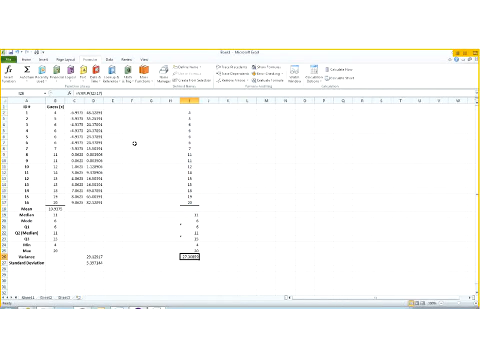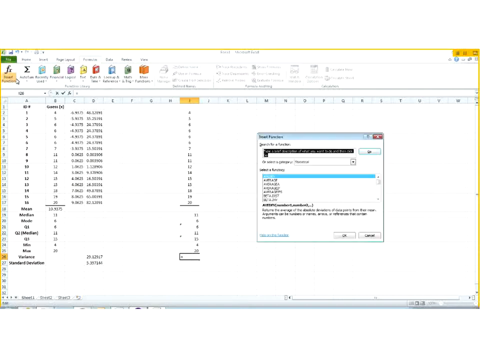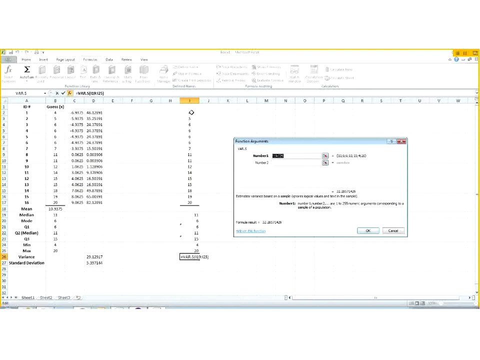Let's get rid of this. Okay, so we're going to again choose variance, and choose the ones we want.